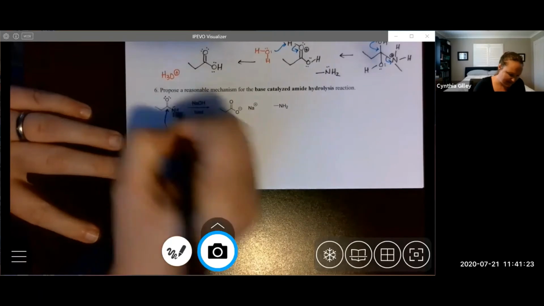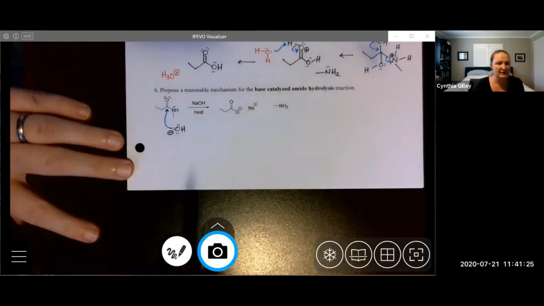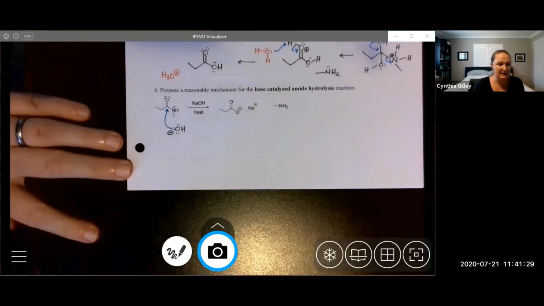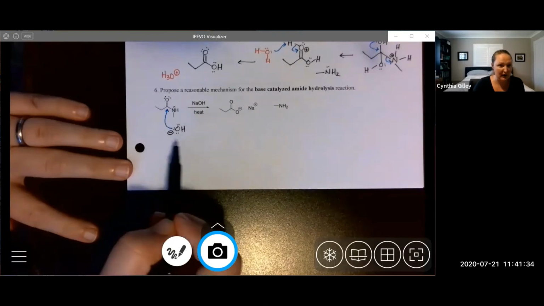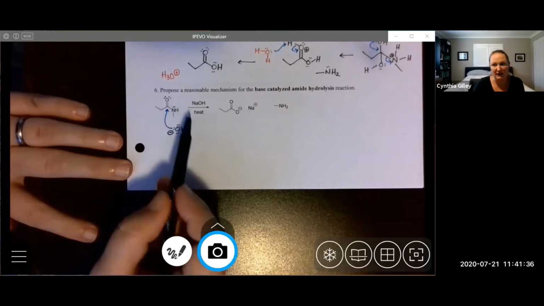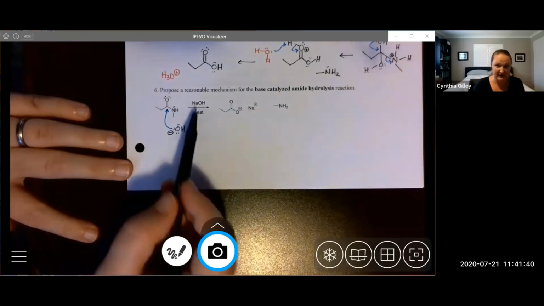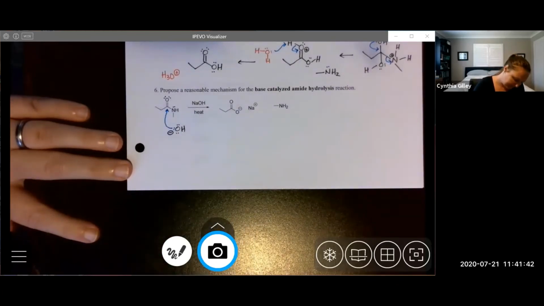Why do you think heat is necessary? It's because, remember, the carbonyl carbon of the amide is not very electrophilic. So even though this is a stronger nucleophile, we have the world's worst electrophile, so we actually do need some heat to help this reaction occur at all.